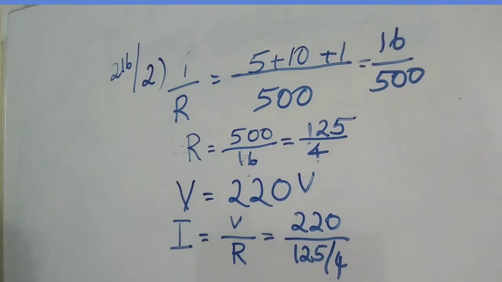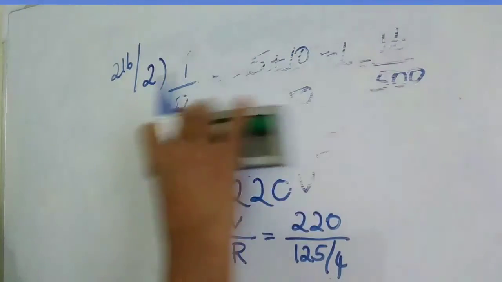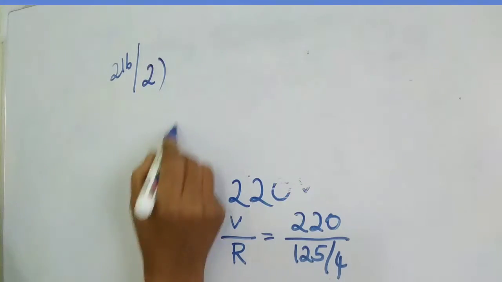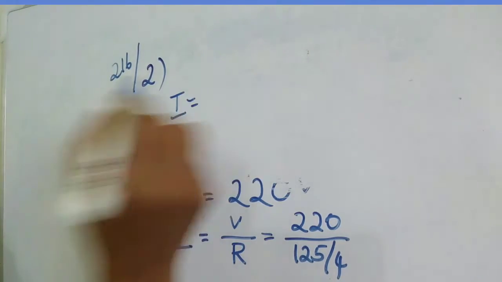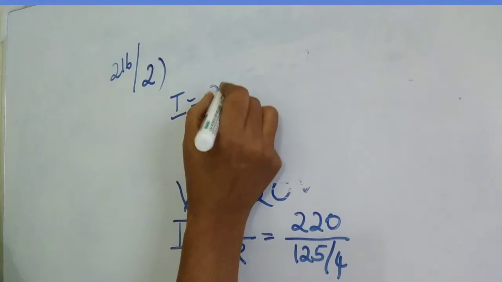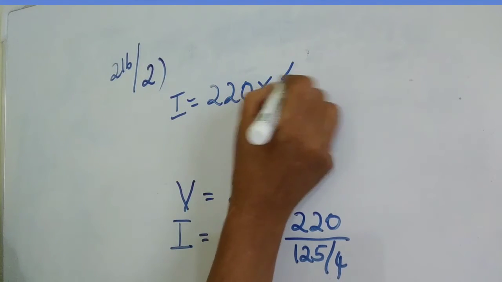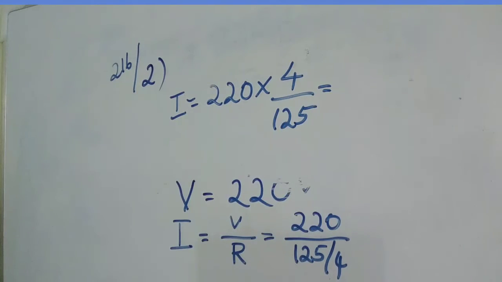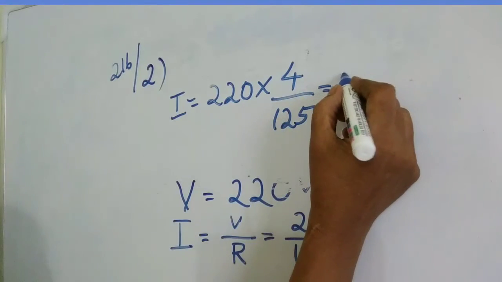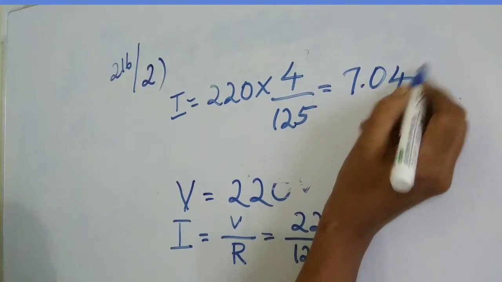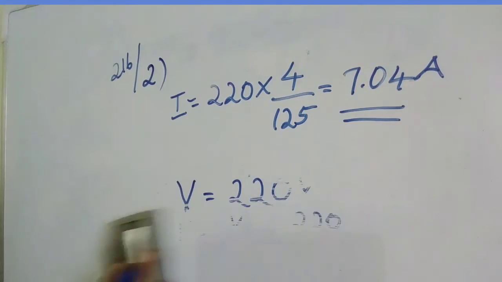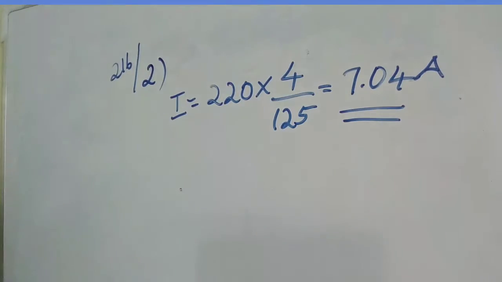That can also be written as I is equal to 220 into 4 by 125. On simplification, you will get 7.04 ampere. This much amount of current is flowing through the circuit.